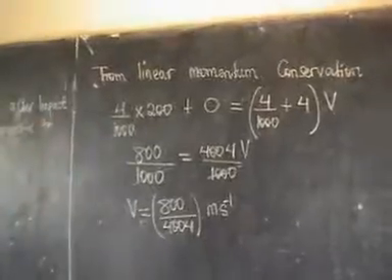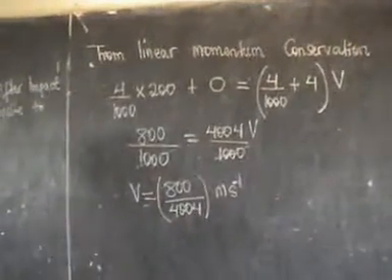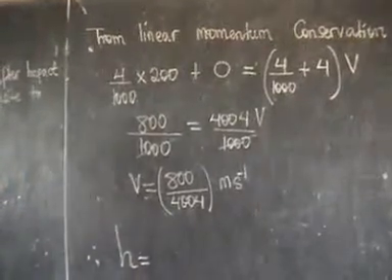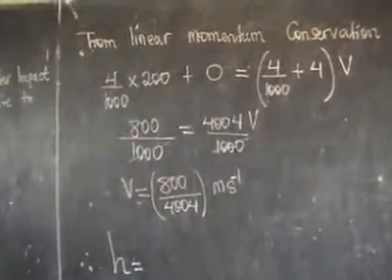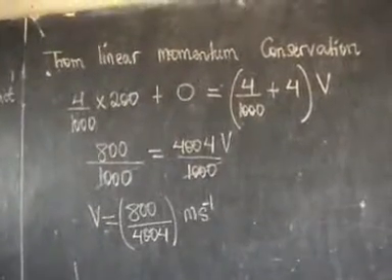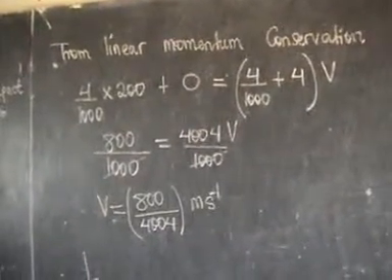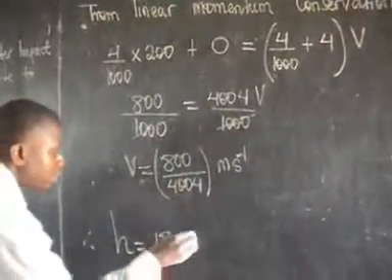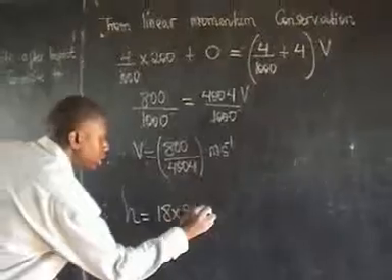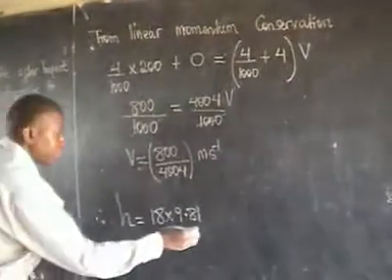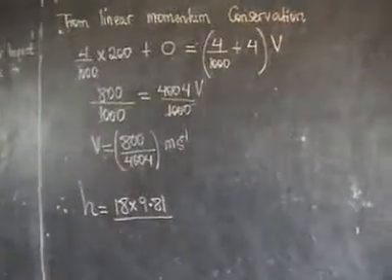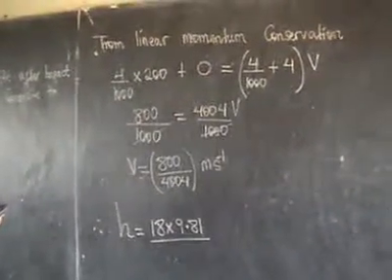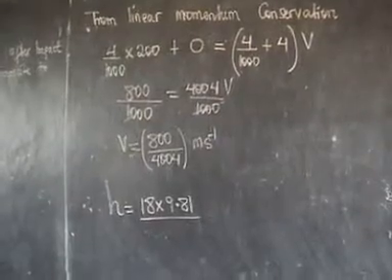So after getting the value of v, our height h will be equal to 18 times 9.81 divided by v squared, so 800 divided by 4004 squared.